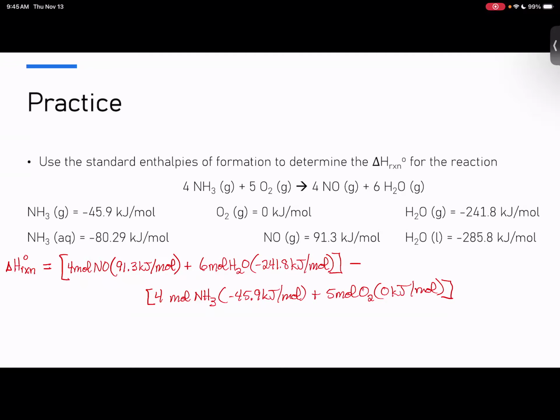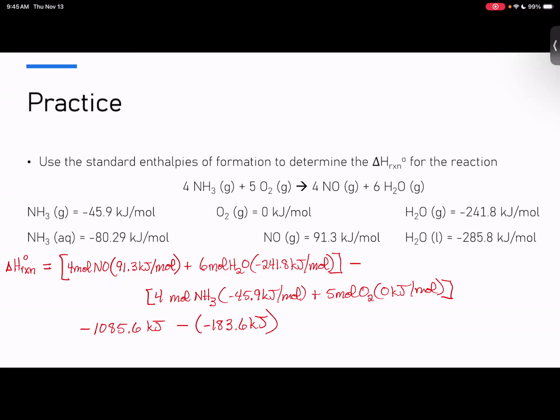The product piece comes out to be a negative 1085.6 kilojoules, minus the reactant side, which is a negative 183.6 kilojoules.